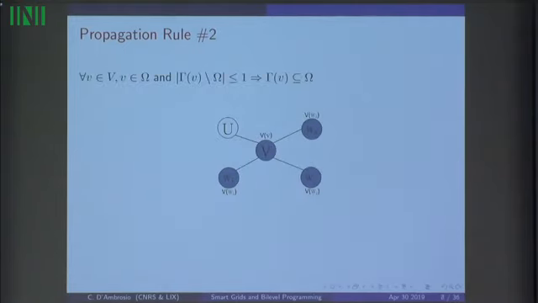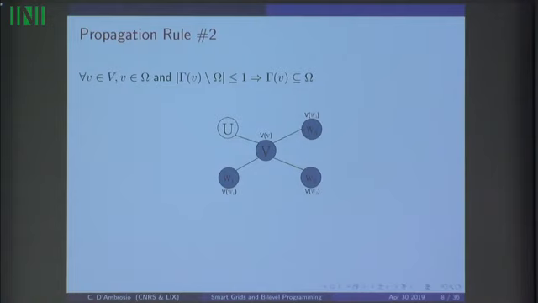Propagation rule number 2 is a little bit harder. Suppose that we have a vertex, this one, B, that is observed, so it's in the set omega. And all its neighbors besides one, that is u in this case, are observed.